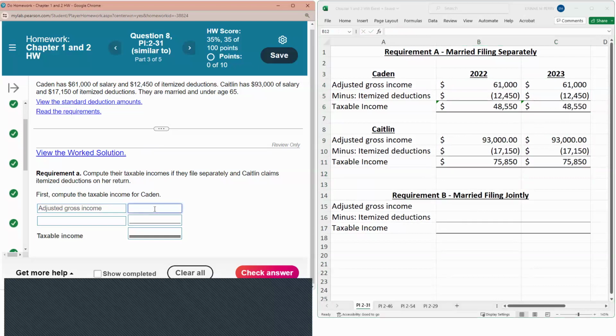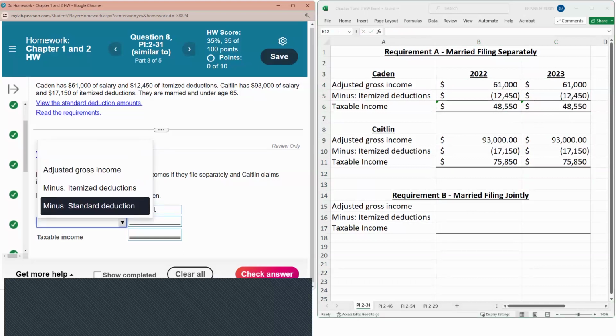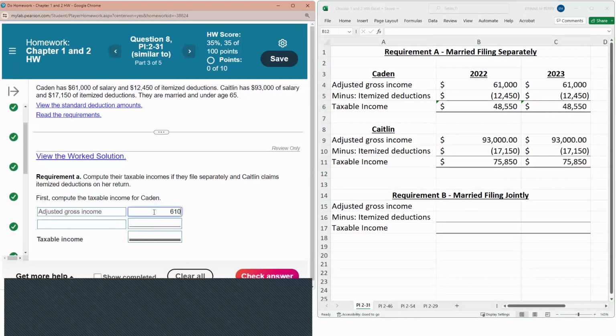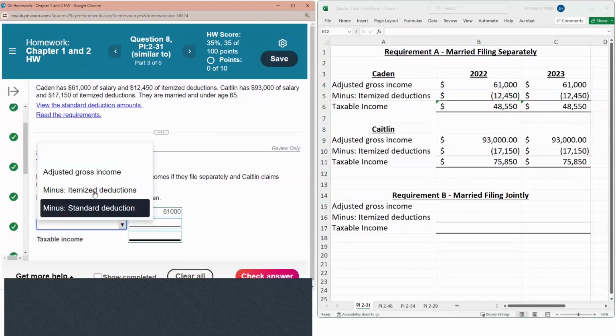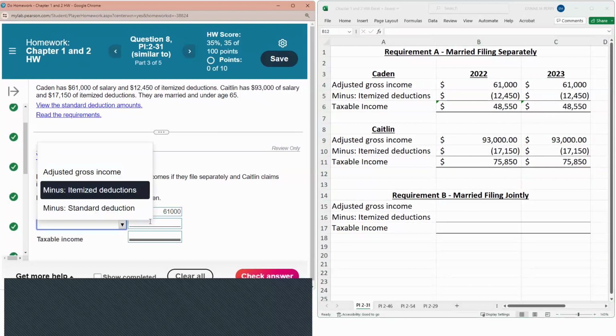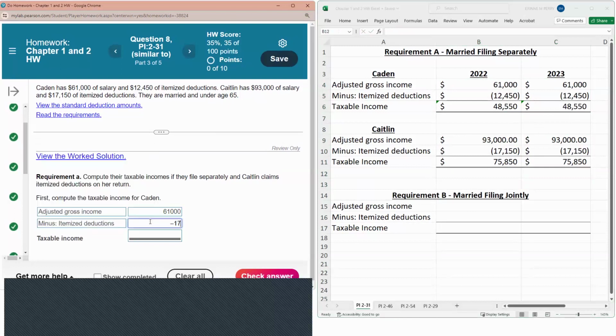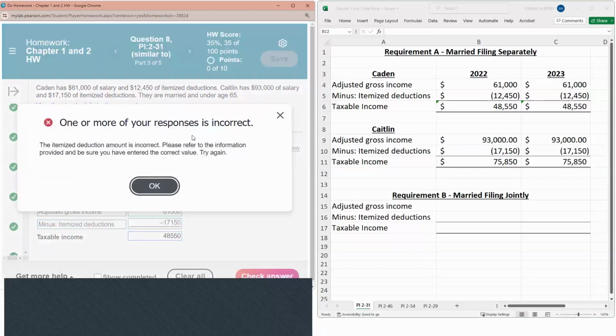So here we see for Caden, 61,000. There's itemized deductions of 12,450, which brings taxable income of 48,550.